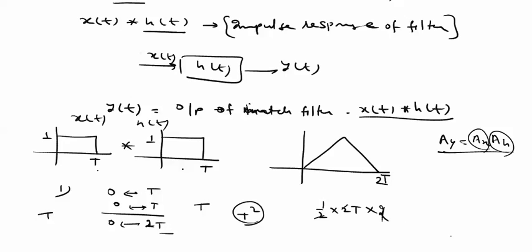Sorry, the height is T. If the height is T, the result is the same. So a triangular pulse with height T and base 2T is the output of the matched filter for the given input.